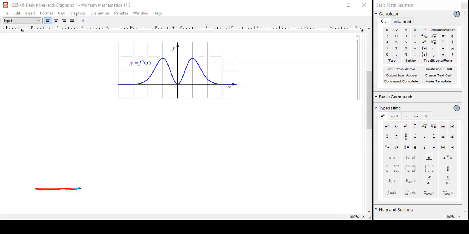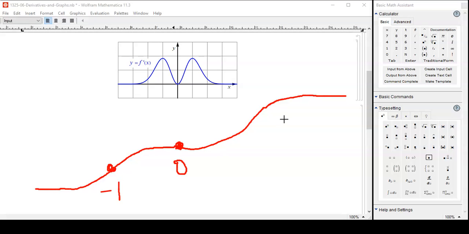So looking at this kind of graph, increase and then like this. So at x equals 0, we have an inflection point, and then at x equals -1 here, we have an inflection point.